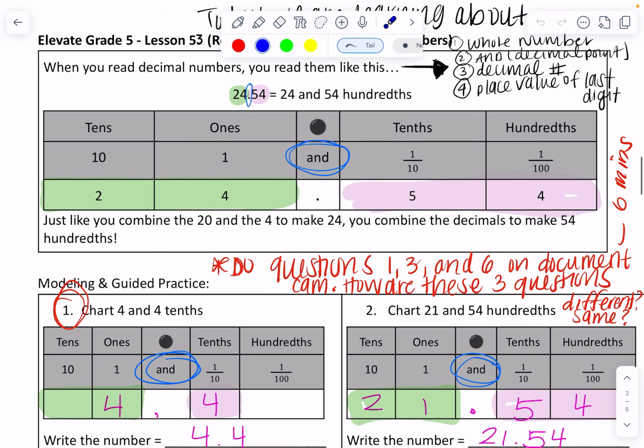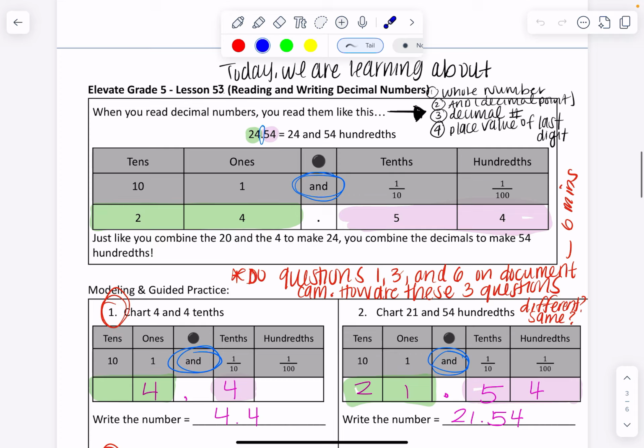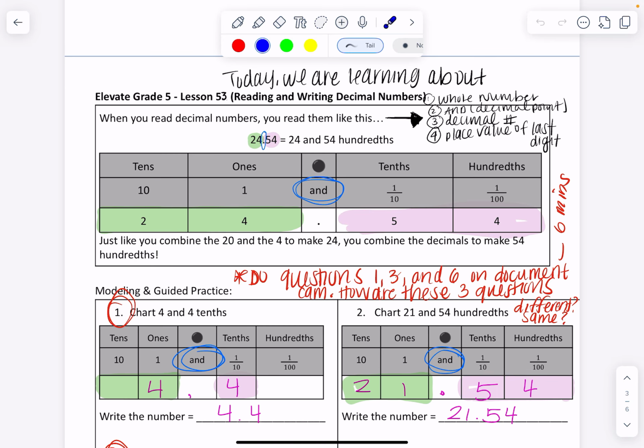For this particular lesson, you are going to have numbers that have been written in word form, technically word and unit form. Word form would have been just words, no numbers. However, some of these numbers have been written in standard form, so it looks similar to unit form.